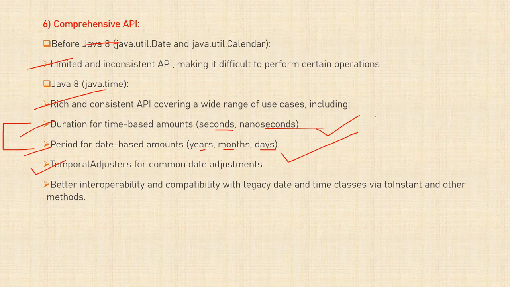Okay, so let's imagine it's 10 a.m. and you are calculating from 8 a.m. So what will be the difference? The difference between 8 a.m. and 10 a.m. will be 2 hours. If you want to calculate it in seconds, firstly 2 hours will be converted into 120 minutes, and 120 minutes will be converted into seconds.